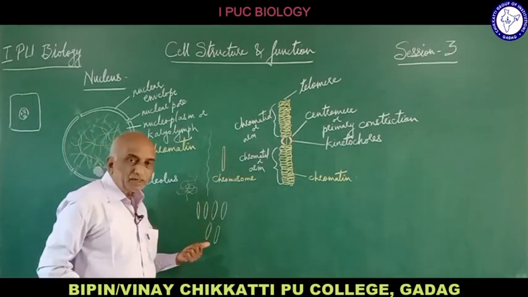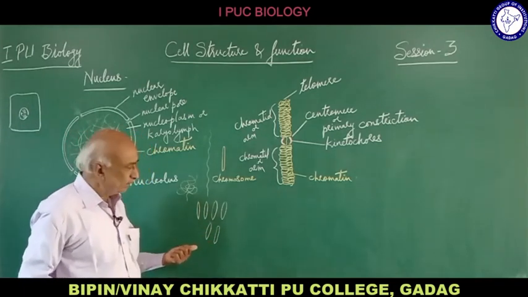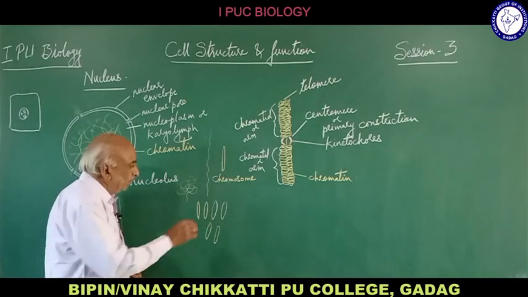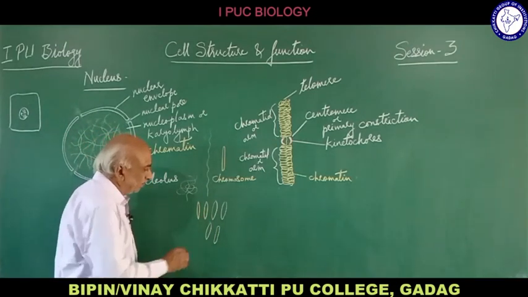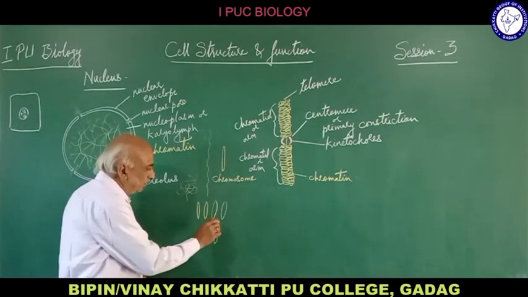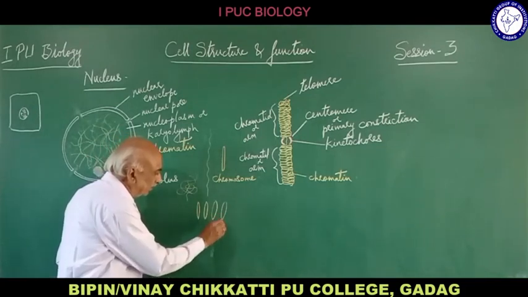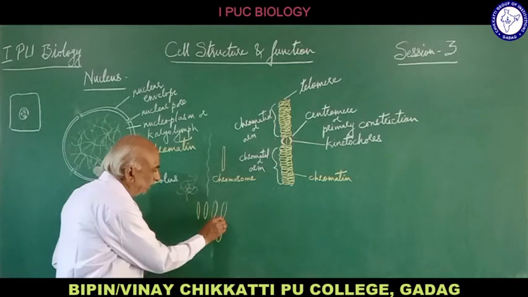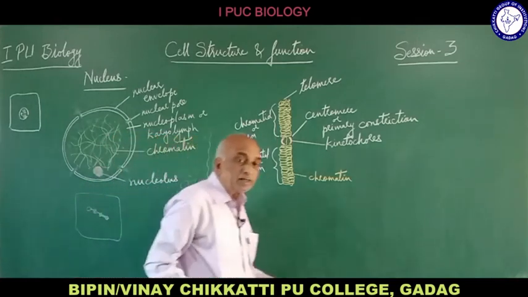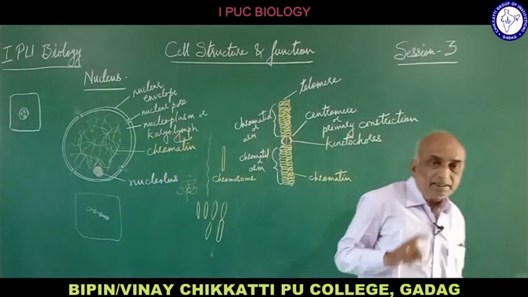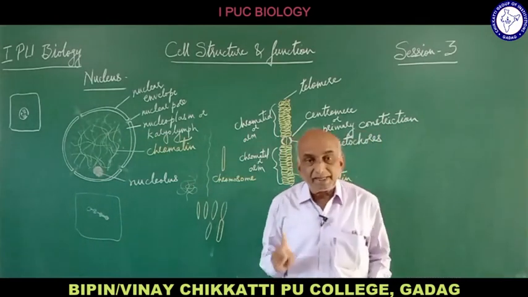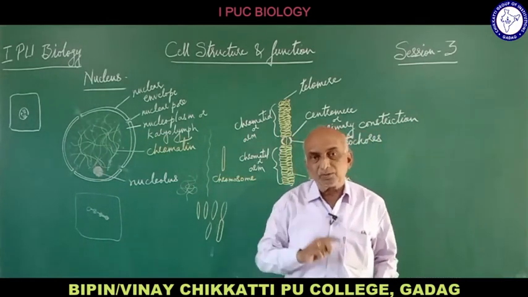In the same way, there are 46 chromosomes in a human cell. Now sometimes when these chromosomes come in contact like this, the telomere and the telomere of another chromosome, that telomere will prevent the attachment of one chromosome to another chromosome.